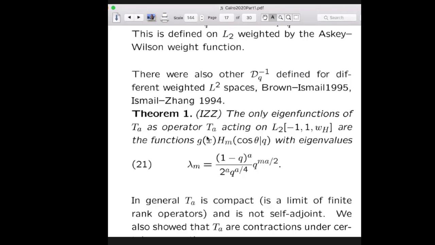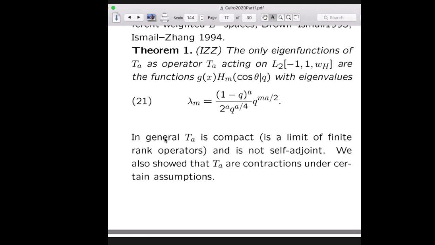The operators, we proved that for every a, this operator is compact. It has eigenvalues. These are the eigenvalues explicitly. We know its eigenfunctions. We identified the eigenfunctions explicitly. So these are the skew-Hermite polynomials. And A is compact because it's a limit of finite rank operators, and it's not self-adjoint. That's a big hurdle.